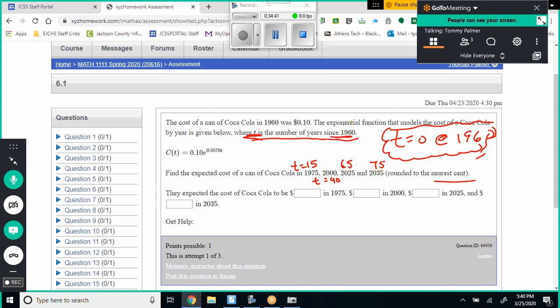Now, are they talking about a 12 pack, or do they just talk about one little Coke?